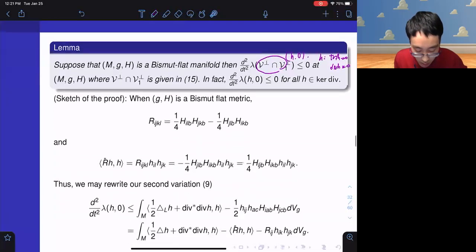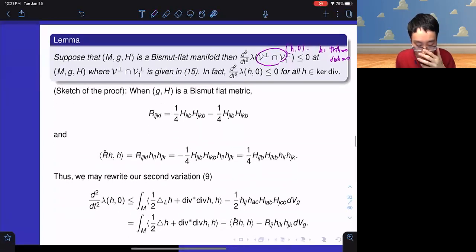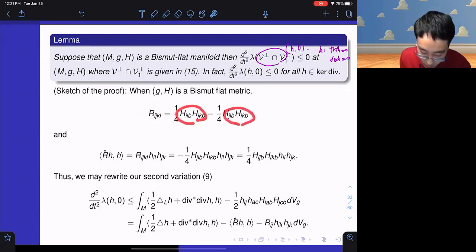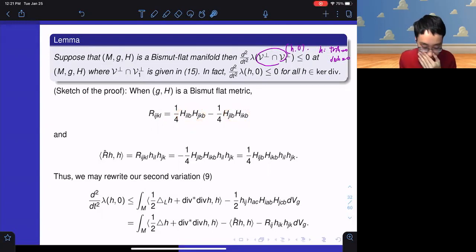Okay, so let me sketch the proof. When you assume the Bismut flat metric, then we can express our curvature in terms of the three-form H. So in fact, the cross term related to the curvature part can be expressed as a term like this: 1/4 H_LJB H_IKB H_IL H_JK.